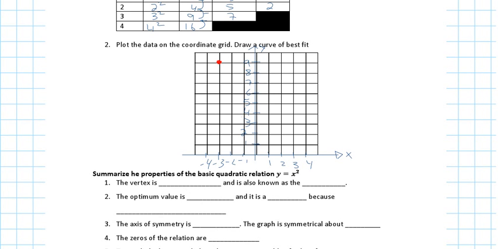Negative 2, 4. And then -1, 1. 0, 0. 1, 1. 2, 4. 3, 9. And then I can't fit the other one.